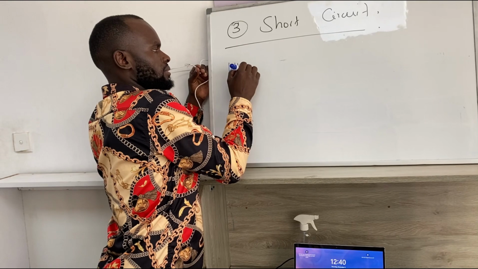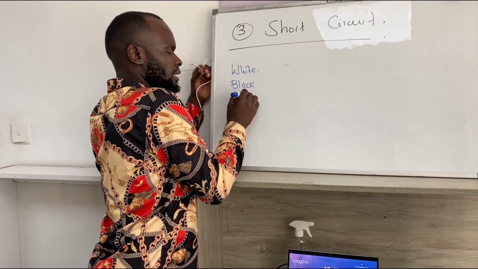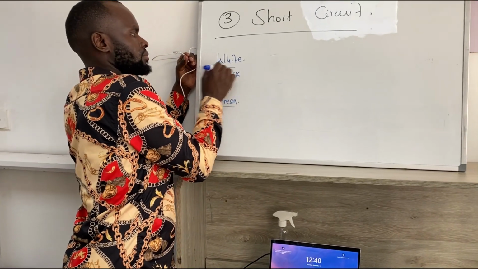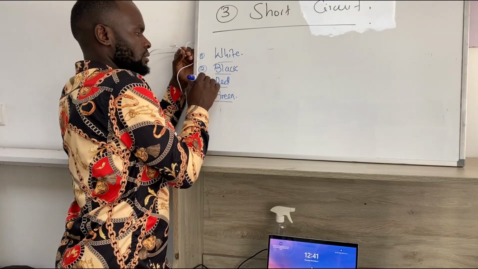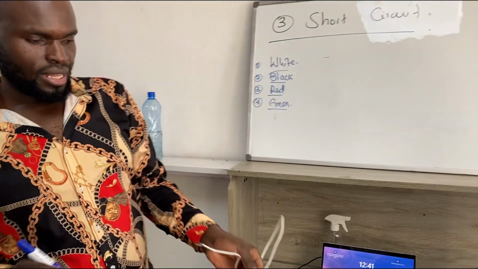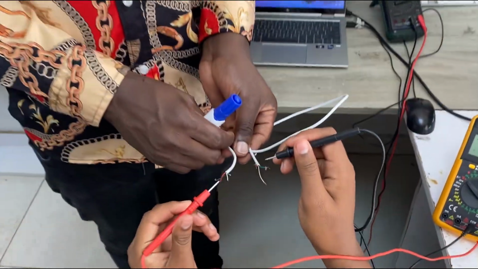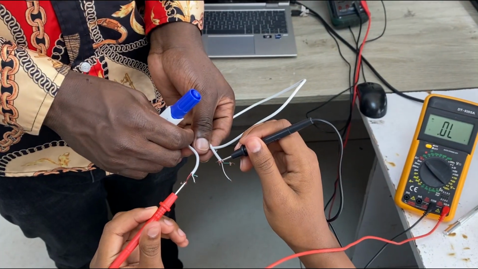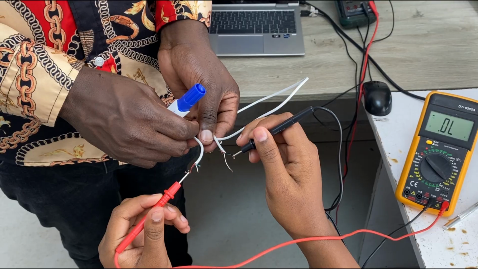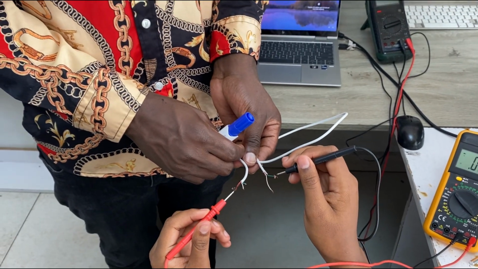We have white, black, red, and green. 1, 2, 3, 4. So, red and red. Red and red. Red and any other color. Okay, any other, just try all of them.